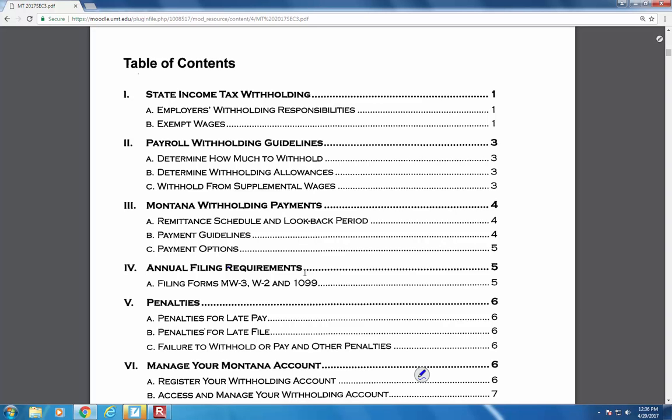You guys give me a W-4 if you come to work for me, and I'm going to use that to determine how much to withhold. Part 2A is determining how much to withhold. We also have supplemental wages, so we'll take a quick look at that. And then we're going to look at how you deposit, which is part 3, and what you have to file, which is part 4.